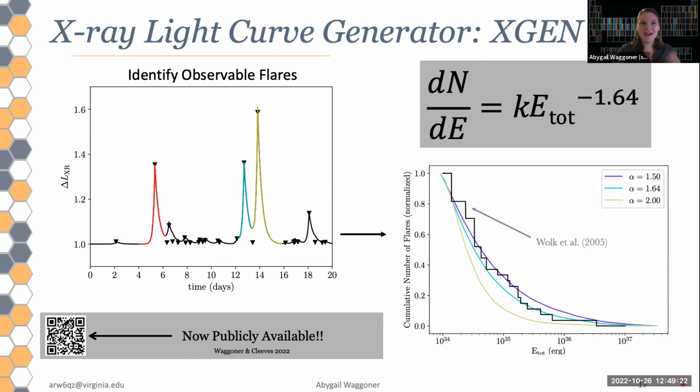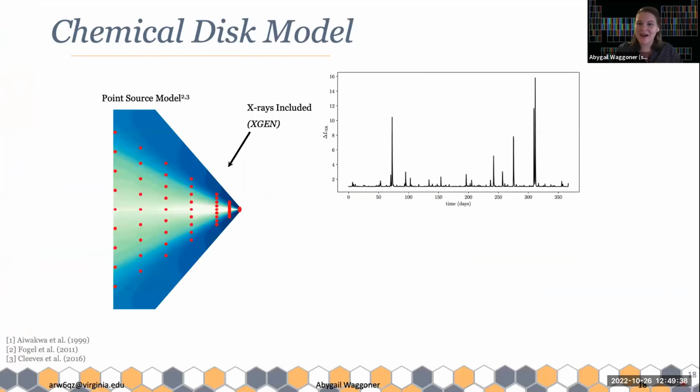Okay, so we have an X-ray light curve. And the next step then is to include that into our chemical disk model. I won't bore you all with the details of how the model works, but effectively, we use a point source model where we run chemistry at each of these individual locations over time. And we also include the X-ray flares.